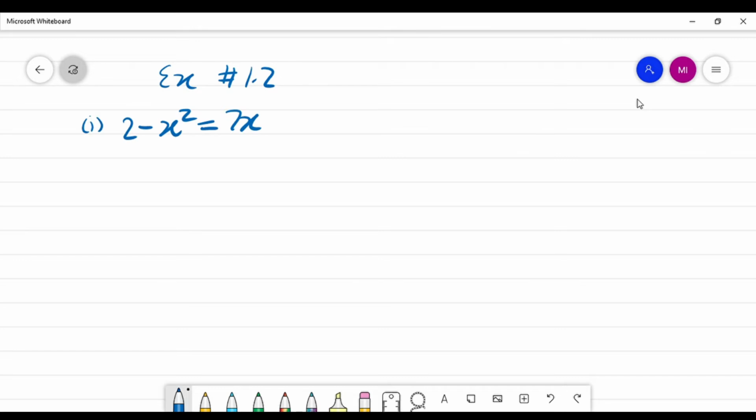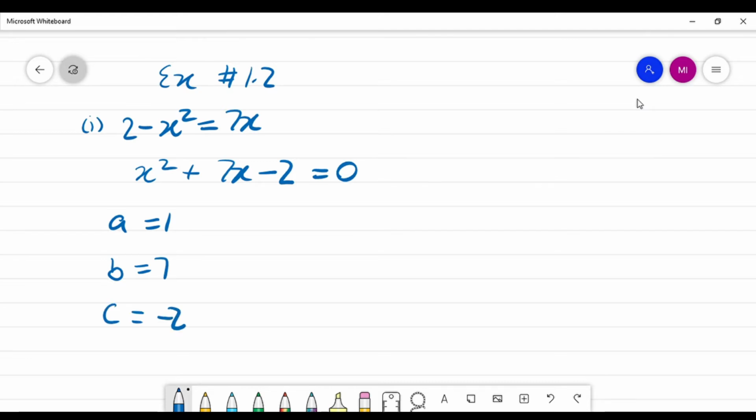Let's write this in standard form, sending 2 minus x squared to the right-hand side. We get x squared plus 7x minus 2 is equal to 0. Now here a is equal to 1, b is equal to 7, and c is equal to negative 2.